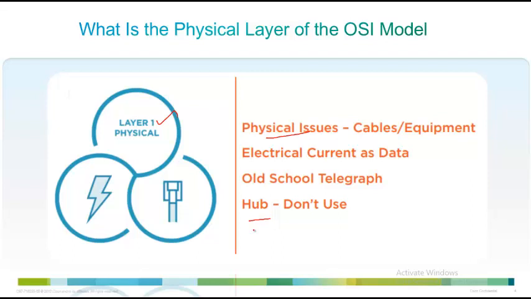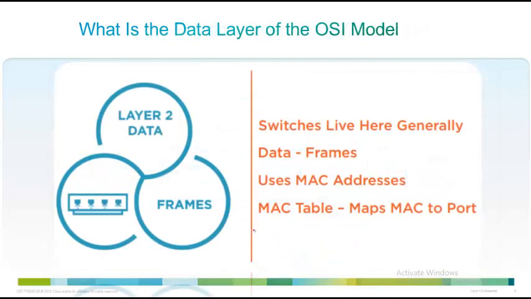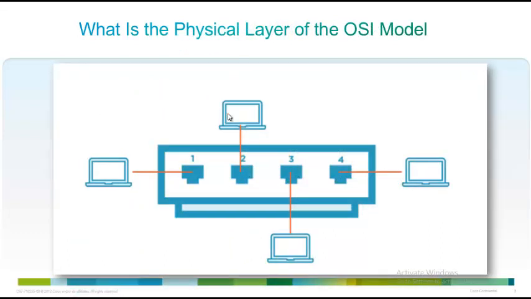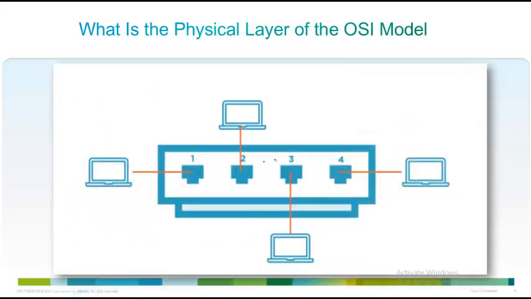Now, I would like to talk about devices for some time, and then we will go to the second layer called the data link layer. This is the second layer, but let us not get into that now. We need to talk something about the devices. In networking, we have various devices. One of the devices is the hub. It looks like this.